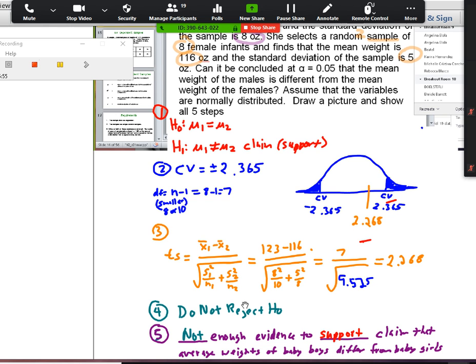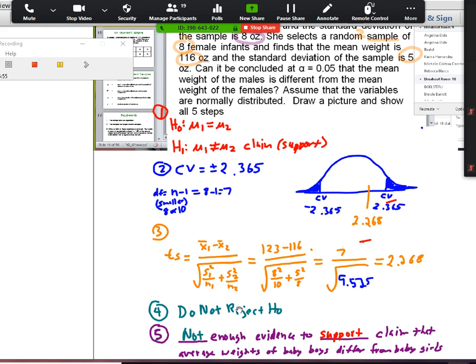So it's all about rejecting or not rejecting H naught. If we reject H naught, and H naught is my claim, then that rejects my claim. And if we reject H naught and my claim is H1, then rejecting H naught supports my claim. That's why we use those words.